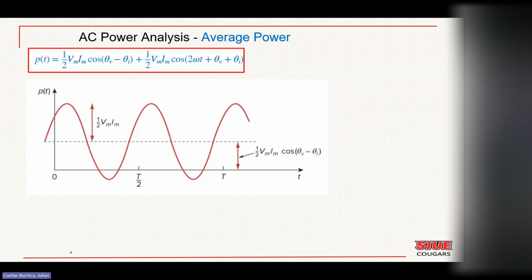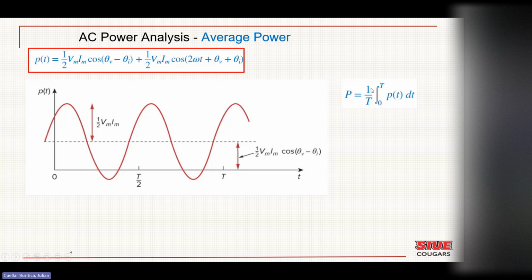In the average power, we consider the amount of power in one period of the signal, because we know that those alternating current signals are periodic. It repeats across time. We can see here we have one cycle, another cycle, and so on. It will be more meaningful for us to get how much is the average power that a load, a device, or a circuit is consuming during that period of time.